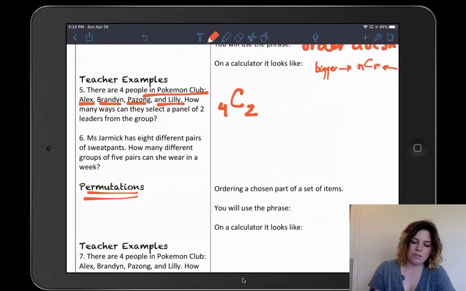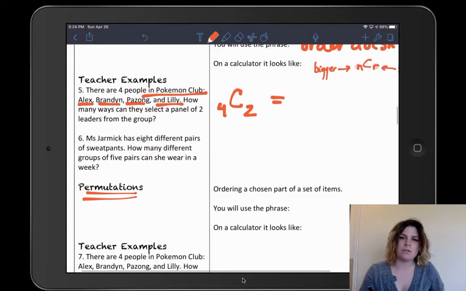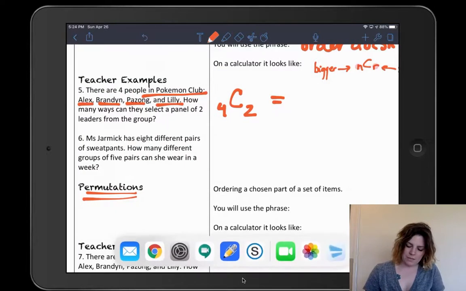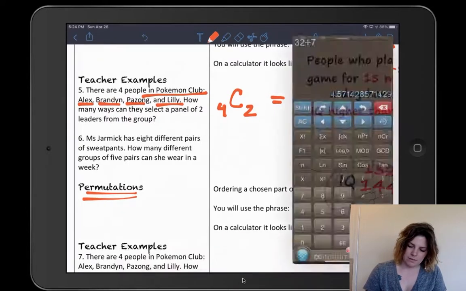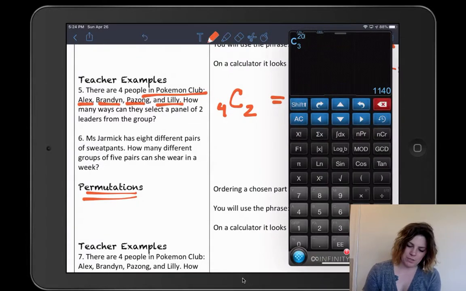So on your calculator, I'm going to do NCR and then 4 and then 2, and I should get 6.